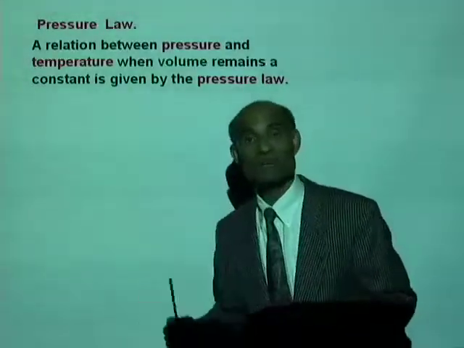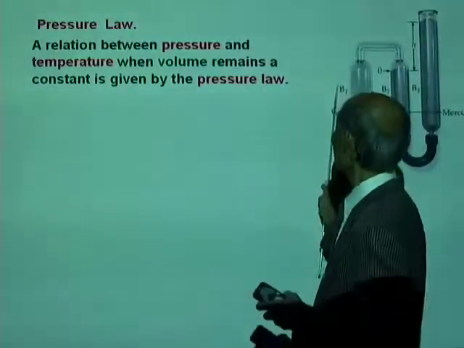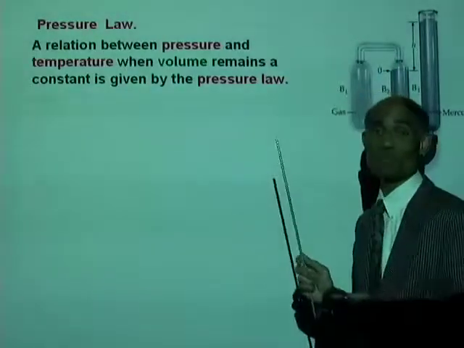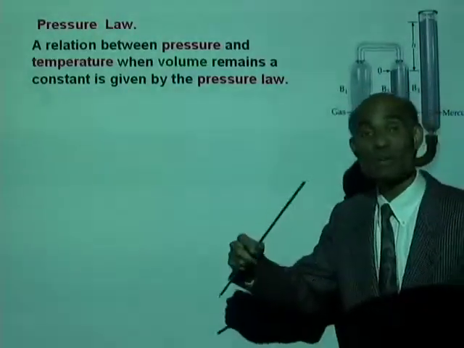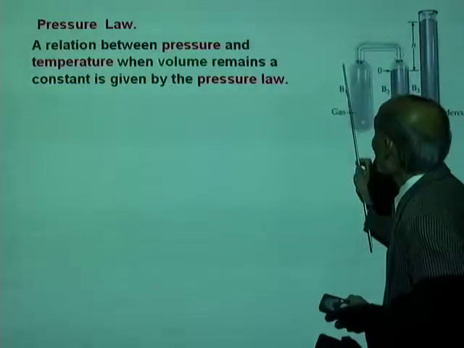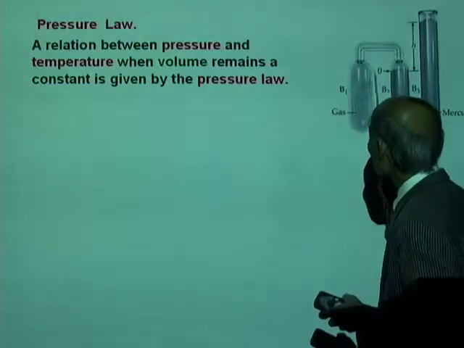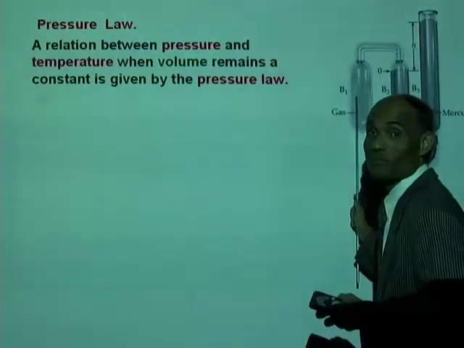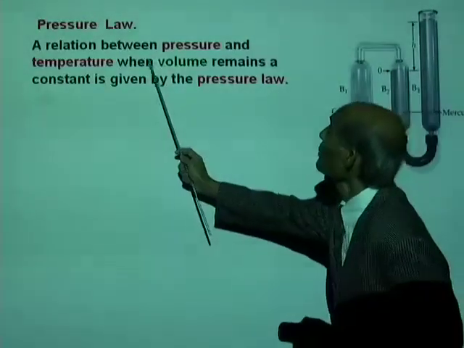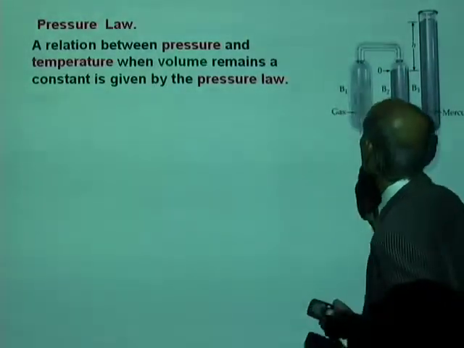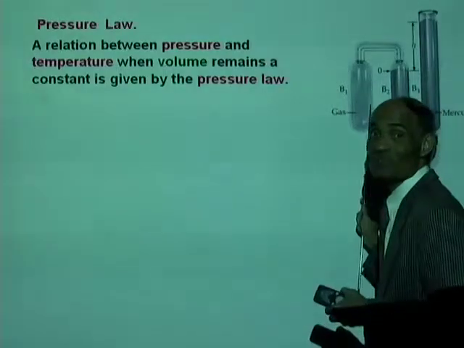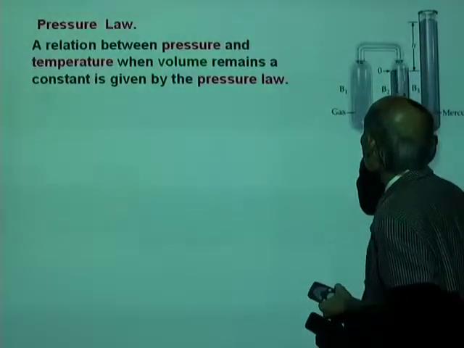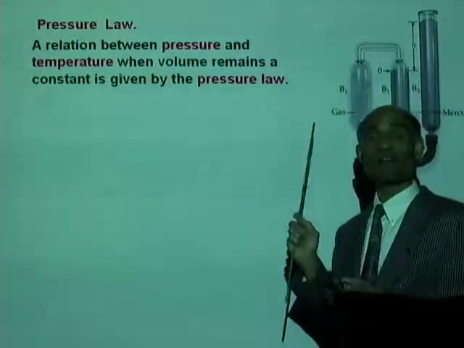How do you study that relationship? Well, you can again study it using this apparatus that we are already familiar with. You can have a gas inside the bulb and you measure the pressure at various temperatures, keeping the volume a constant. Of course, that's easy to do on this.